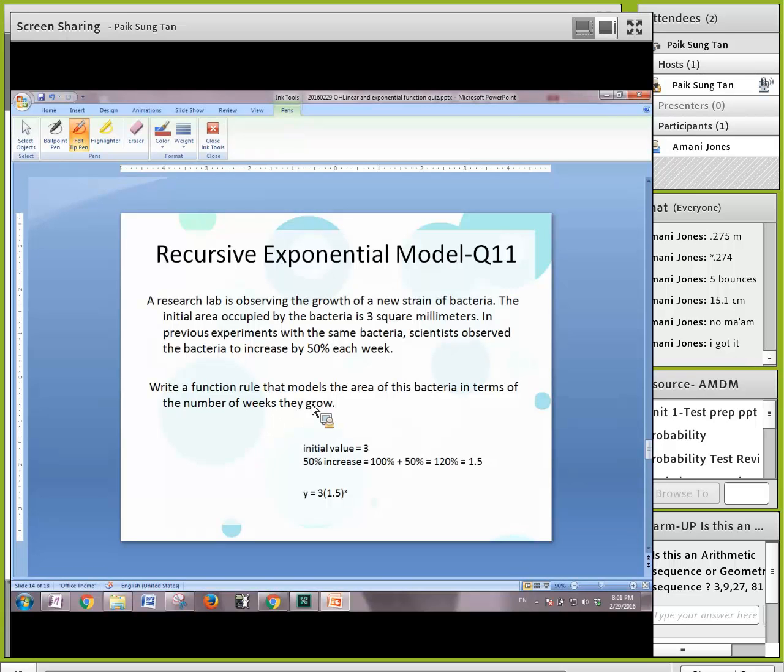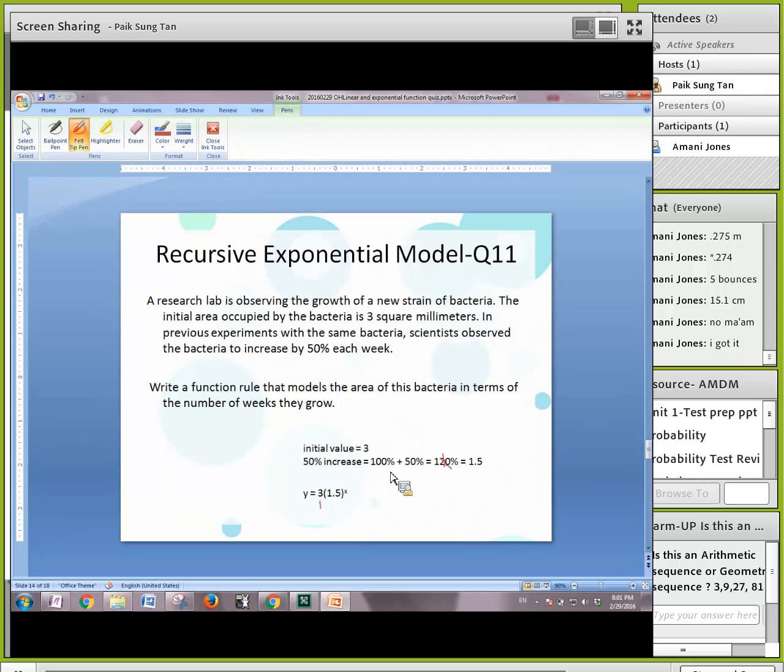The initial value is 3, and because of the 50% increase, the rate will be 100 plus 50%. Some mistake here. It should be 150. I don't know why I wrote 120. Must be too early in the day. Okay, it's 150, and then you plug 1.5 into the equation.